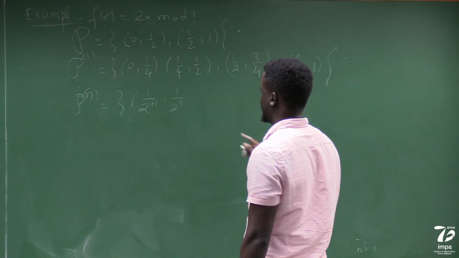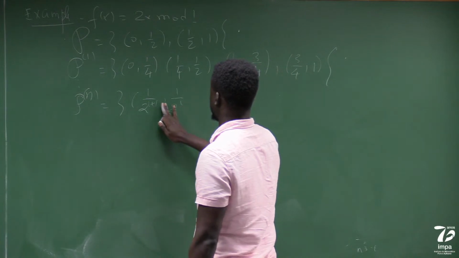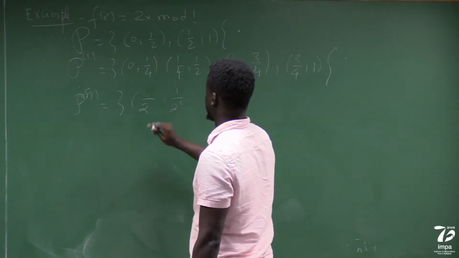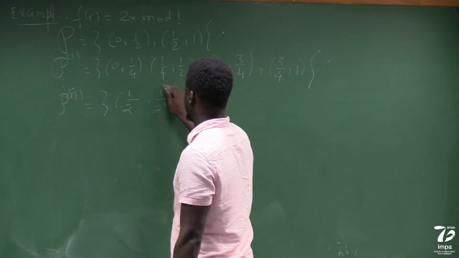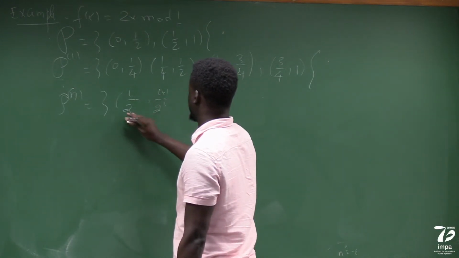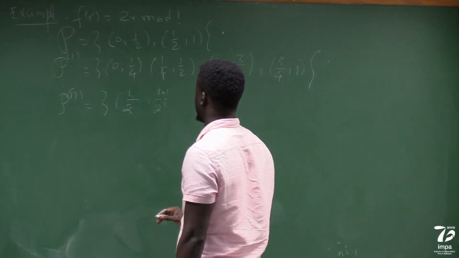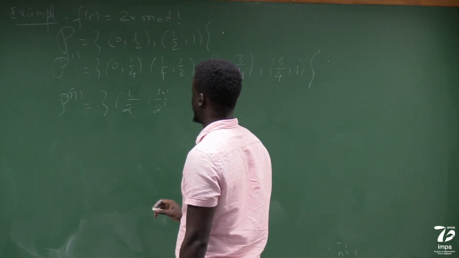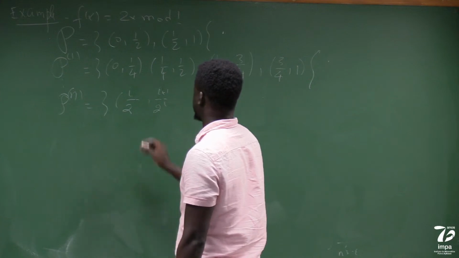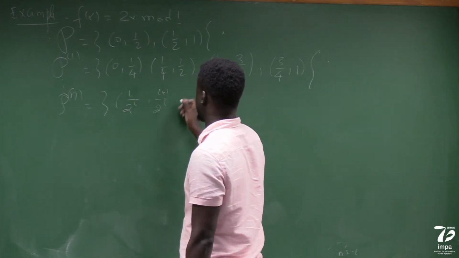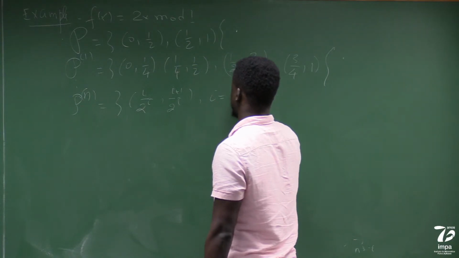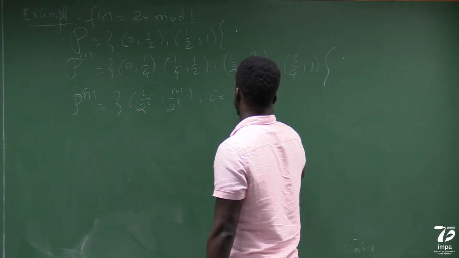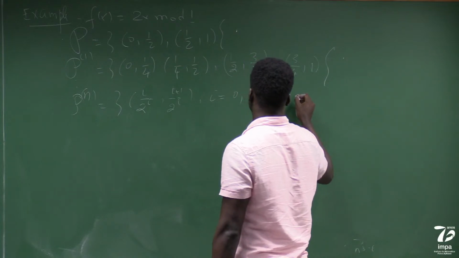So this is not the partition I want. What I want is the intervals i over 2 to the n and i plus 1 over 2 to the n, for i equals 0 until n minus 1.